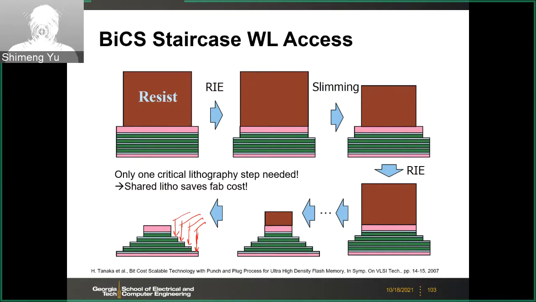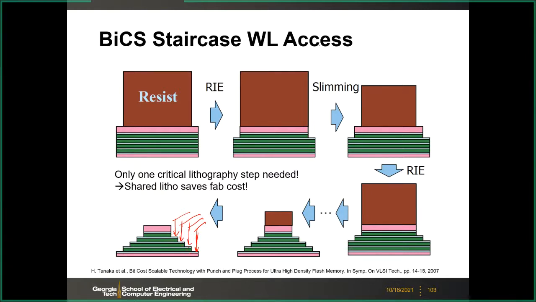So the challenge is that we also have to use one lithography for this step. Otherwise, it will lose the benefit of the 3D stacking. As we discussed before, we don't want to spend as many lithography steps as the number of layers. We want one litho step for all the layers. But here you want to make this staircase pattern using one litho step.